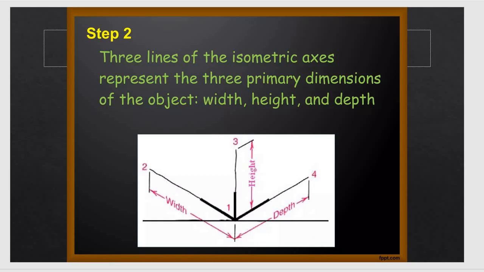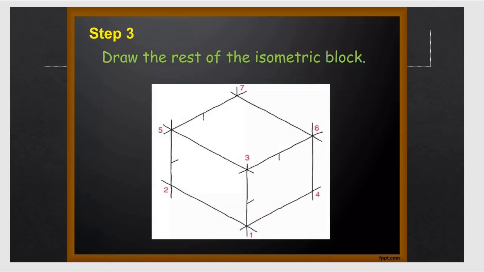The height line represents the height of the object, and one line represents depth and the other represents width of the object. Next is a simple diagram of a cube.